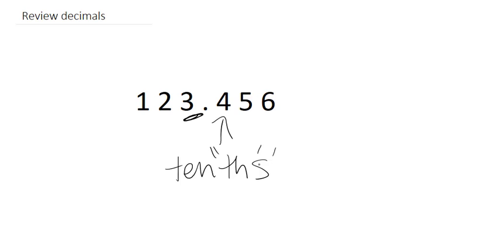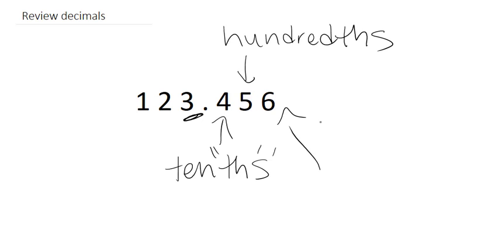Next, we have the hundredths place. And then the next place, the thousandths. We just continue to add that THS. And then we would have the ten-thousandths, and then the hundred-thousandths, and then finally the millionths. So as you can see, the right-hand side is very closely looking like the left-hand side in naming.